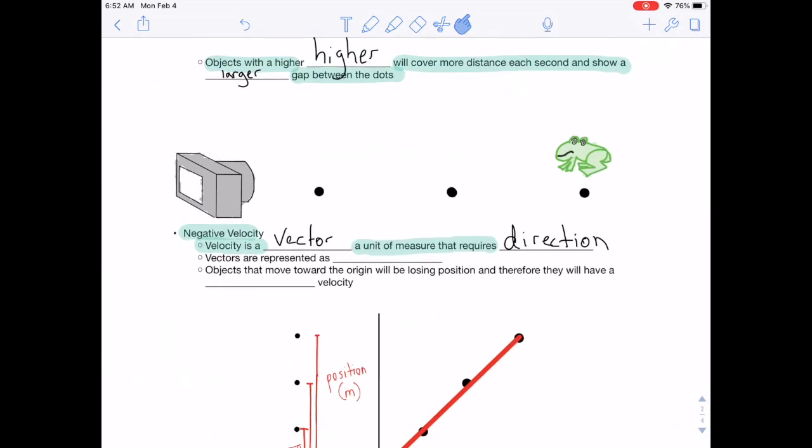Let's look at this frog. This frog, I'm going to write v for velocity, and its velocity is this direction, going to the left. Vectors are represented as arrows.